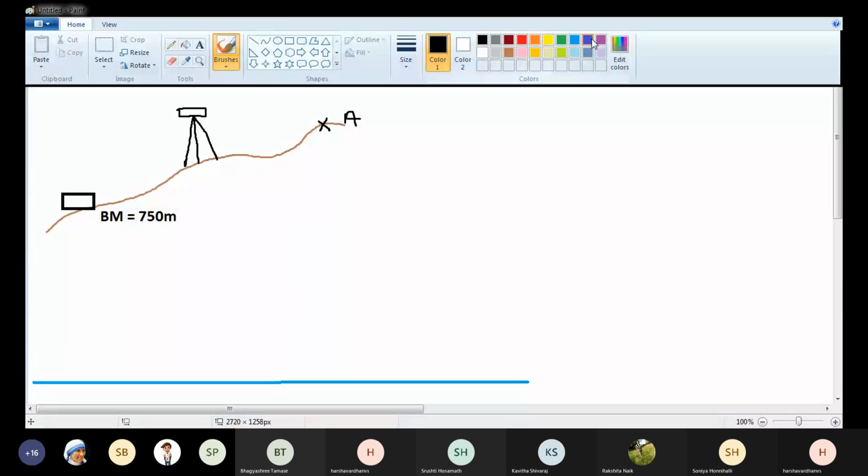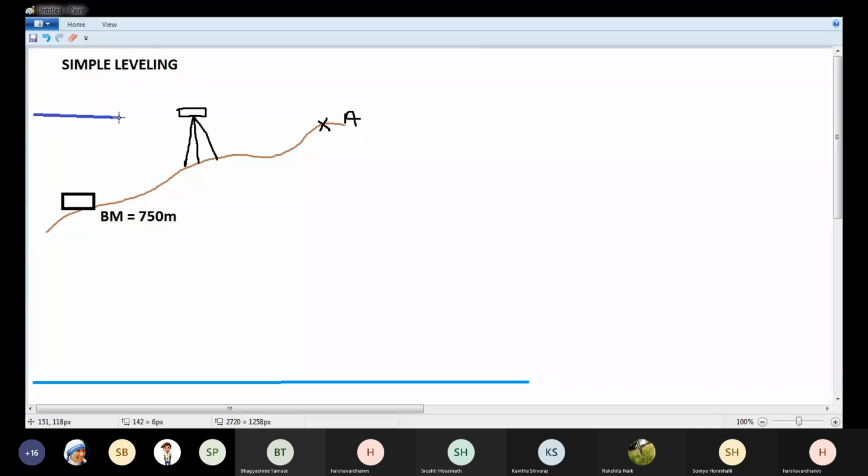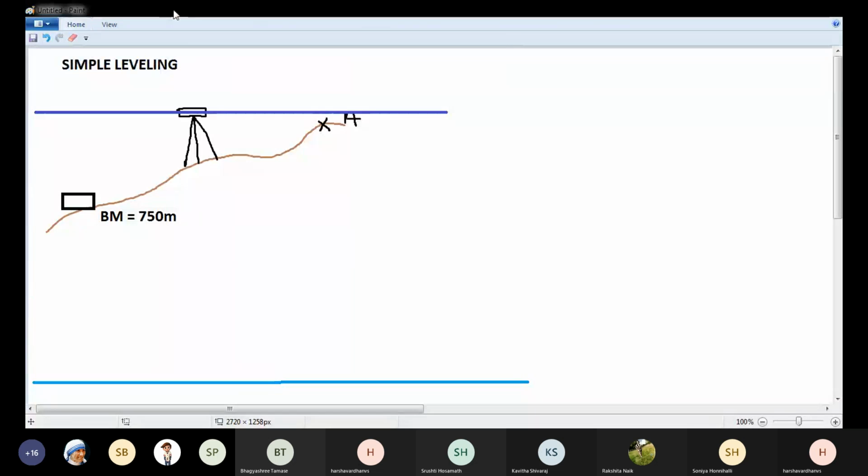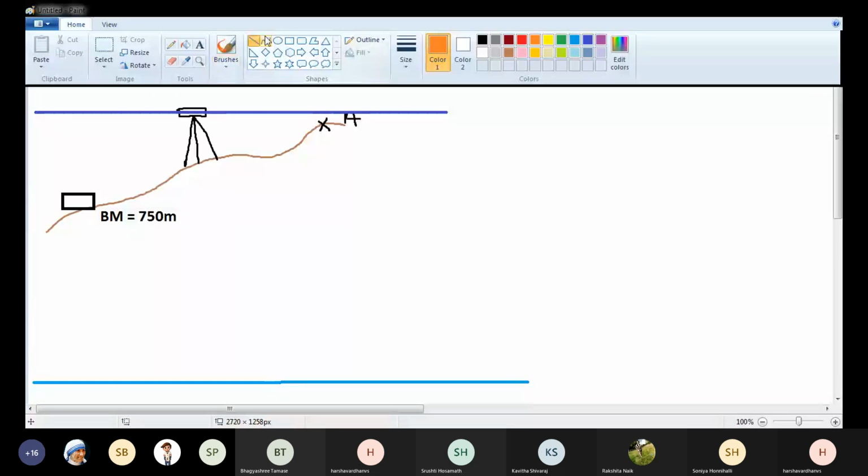Let's say this is the line of sight. Okay, so I know.